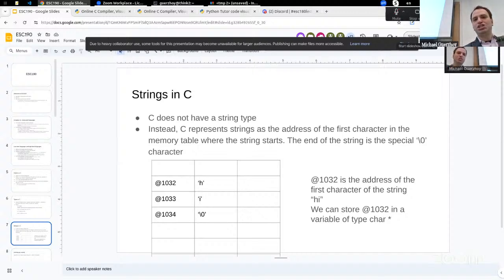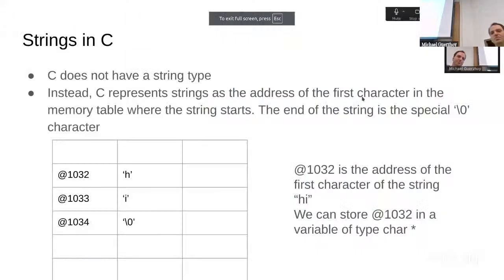I need to teach you about strings in order for you to understand how printf works. But in order for you to know about strings, you need to know about addresses. So here we are talking about addresses. C does not have a string type the way that Python has objects of type string.